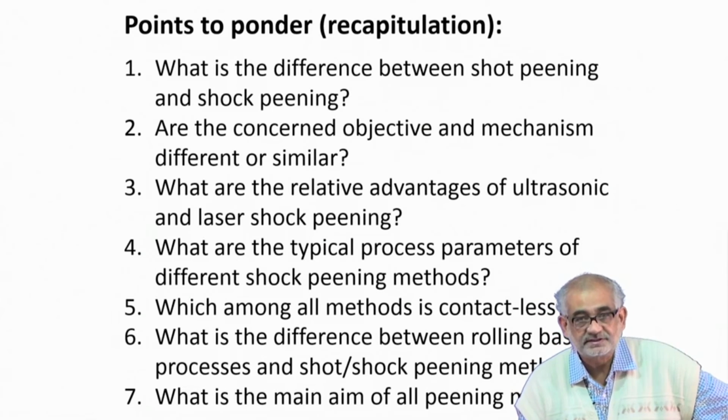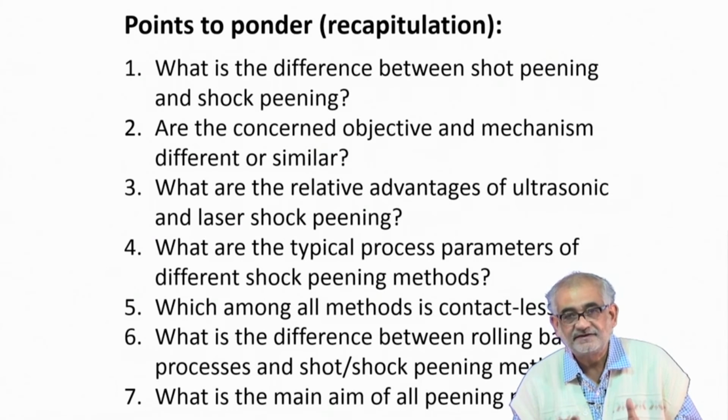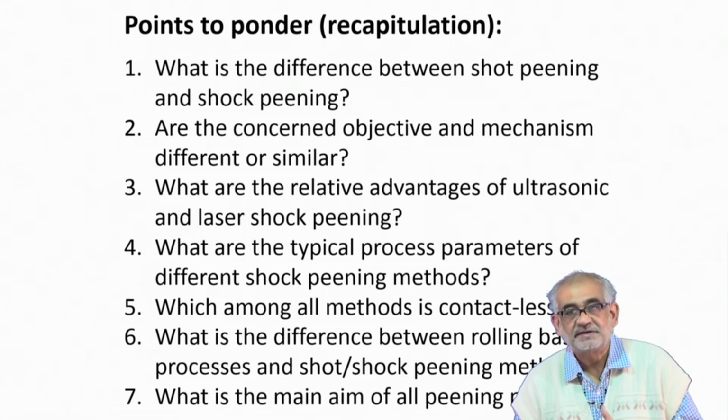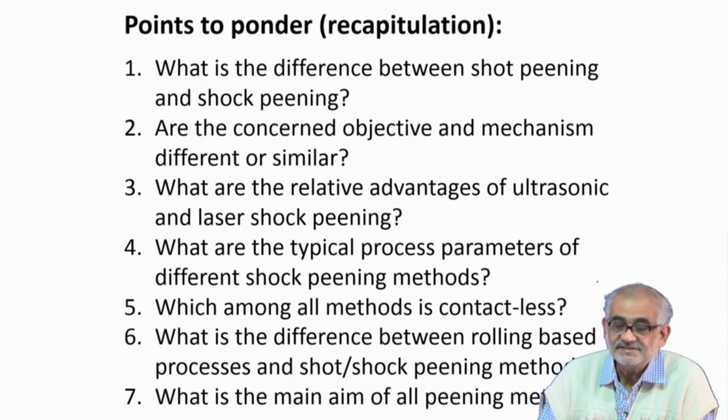We also discussed laser peening, and we compared the various mechanisms and relative efficacy of one process to another in terms of the amplitude of stress created, the effectiveness of the process, the overall kinetics of the process, but also the relative ease or difficulty associated with the process. We certainly realize that laser shock peening is much more sophisticated, but obviously brings in certain dividends which are not possible by shot peening or ultrasound peening.